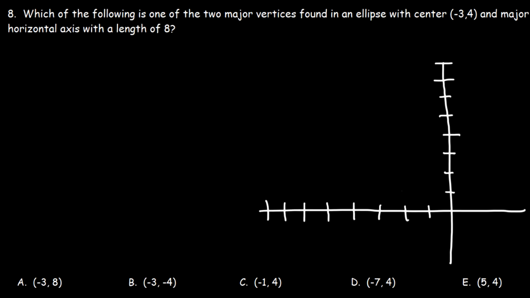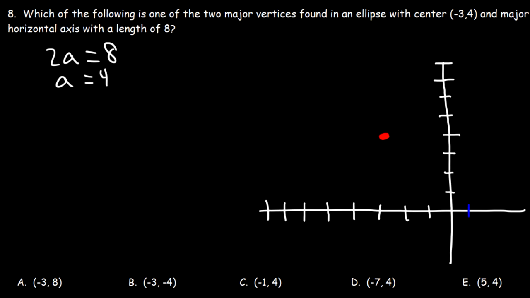So the center is (-3, 4), which is right there. Now, the major axis, which is associated with a, has a length of 8. So 2a is equal to 8, which means a is 4.